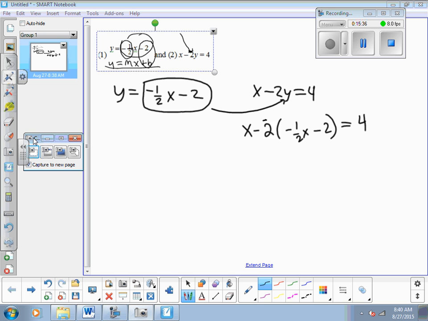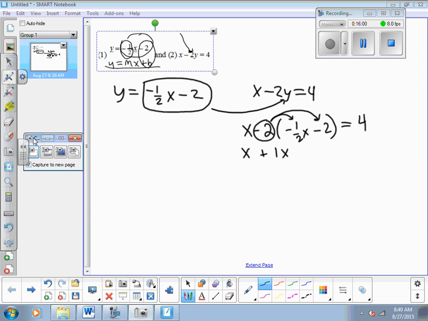So now we're going to simplify this. That negative 2 is going to be distributed into those two terms. Okay? And that'll give me the x, haven't done anything with it, okay? Negative 2 times negative 1/2 is a positive 2 over 2, which is the same as 1.